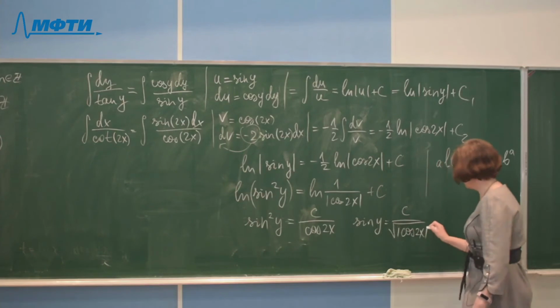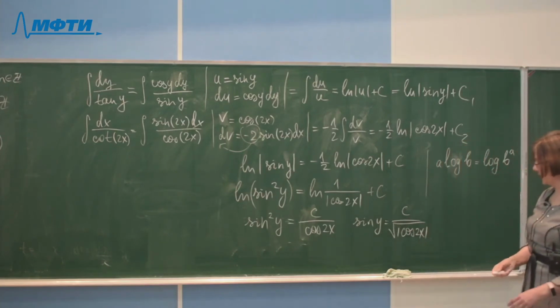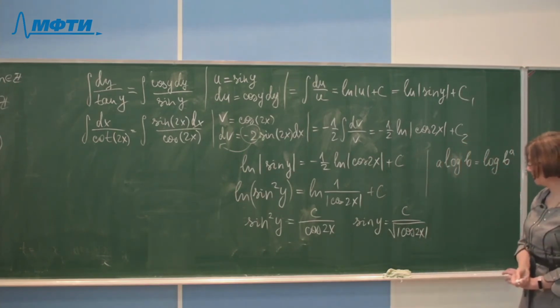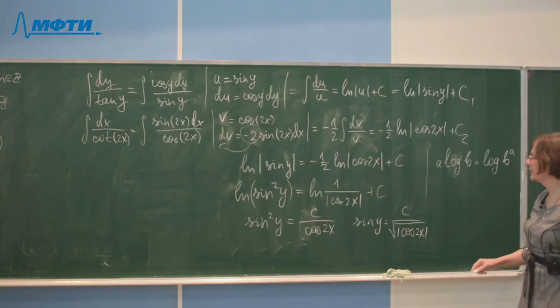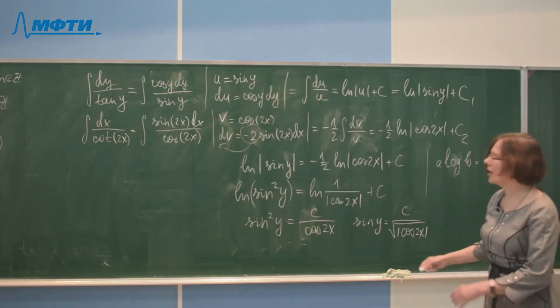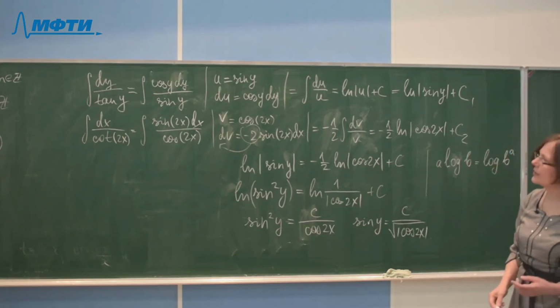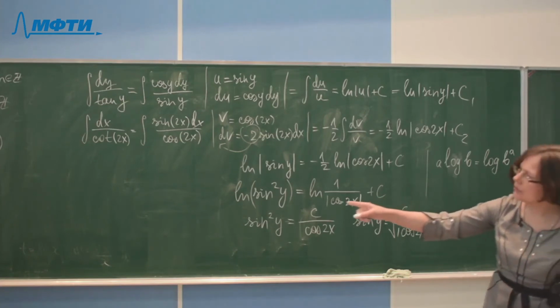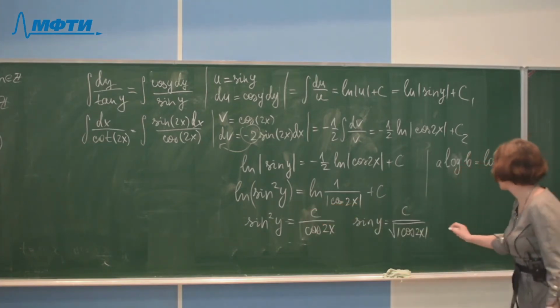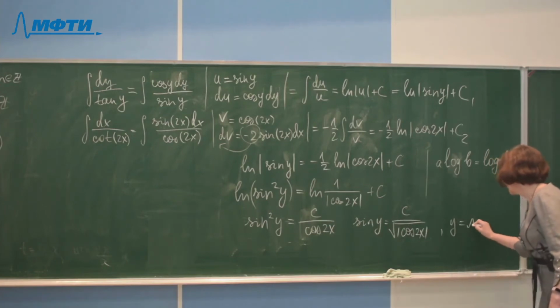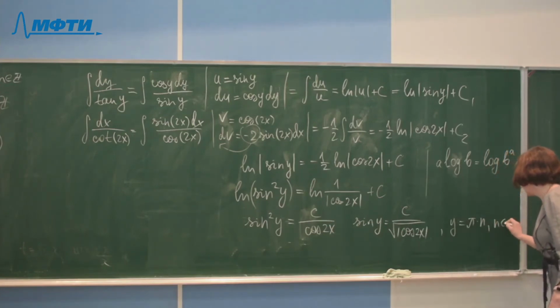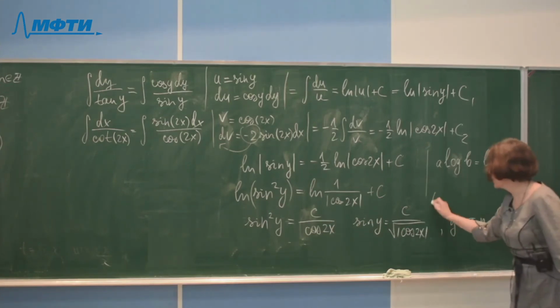I will use the absolute value function. So this is the solution. Or next we can take the arcsine function, and we should include the points y equals pi times n, where n is an integer. So this is the answer.